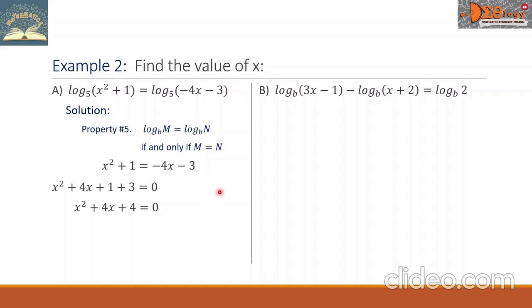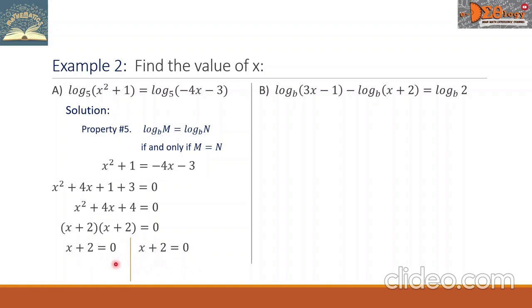We can use the quadratic formula. Using factoring, we have now x plus 2 times x plus 2 equals 0. We know our process. We equate each factor to 0, but they are the same. So we can show that x plus 2 equals 0 and another x plus 2 equals 0.